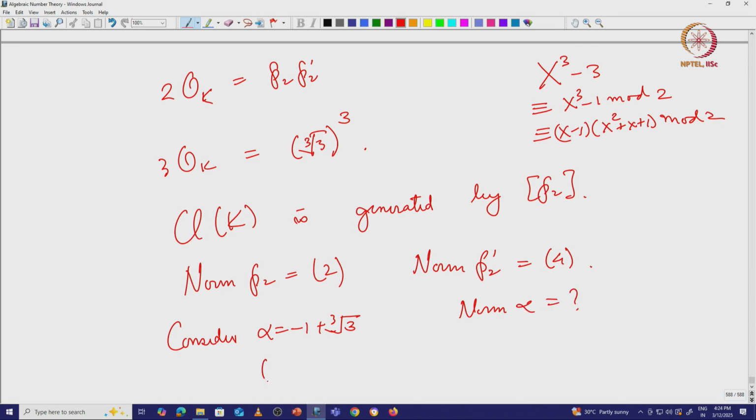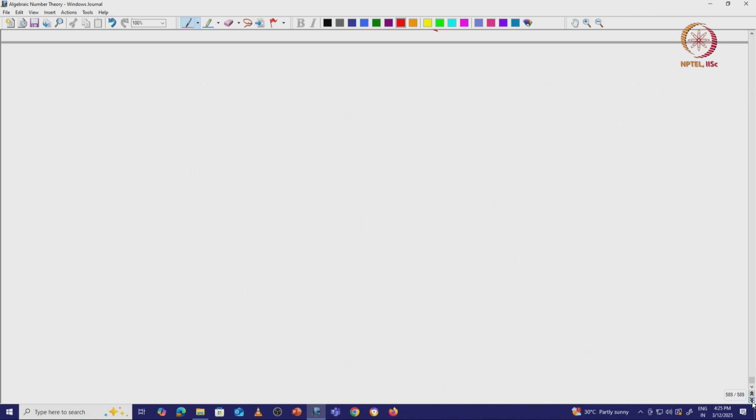So, one way to find this is you take alpha plus 1 cubed, and so you get alpha cubed plus 3 alpha squared plus 3 alpha minus 2 is equal to 0. So, the norm of alpha is the ideal generated by 2, and so P2 is the ideal generated by alpha.